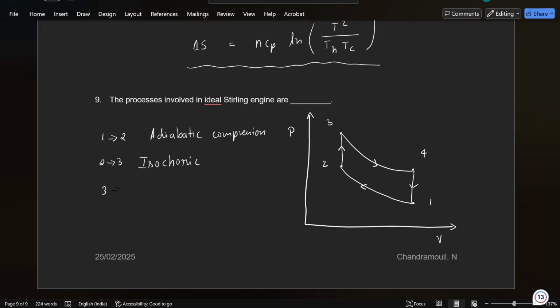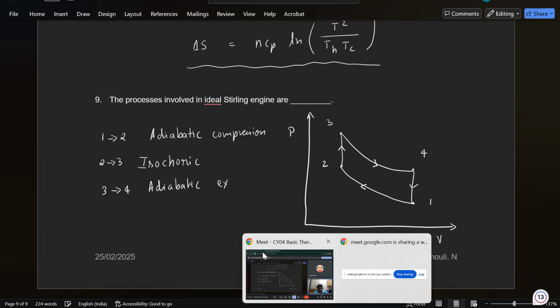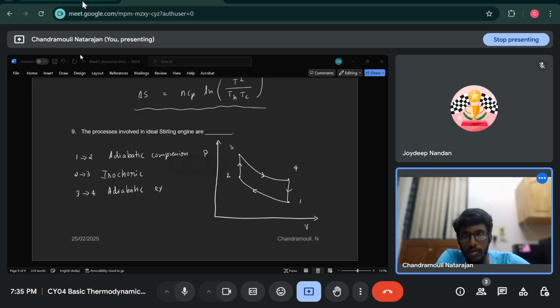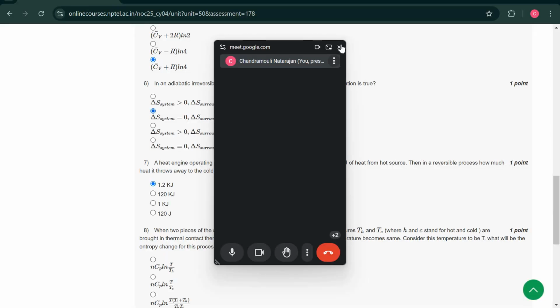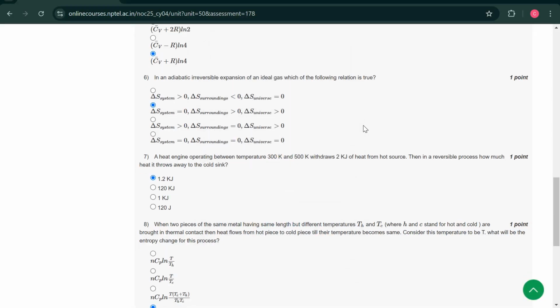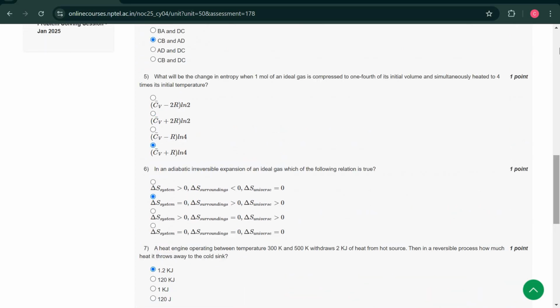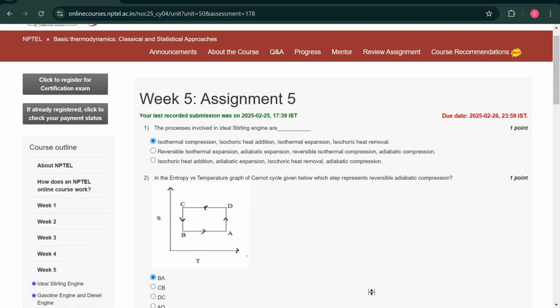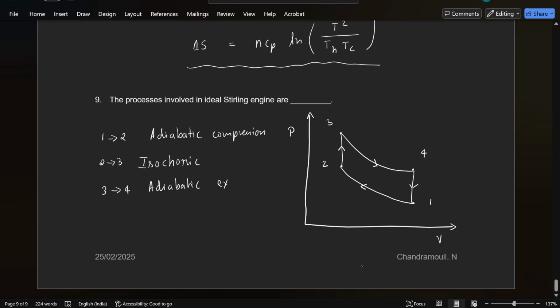Then 3 to 4 is again adiabatic expansion. So this is isochoric heat addition.